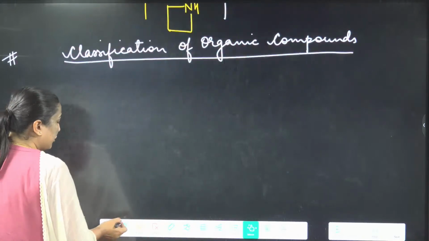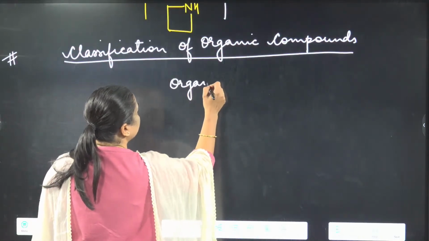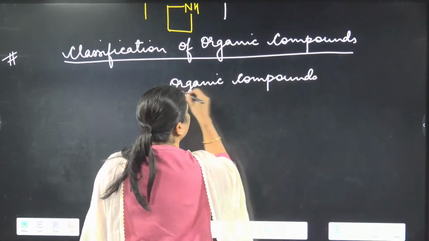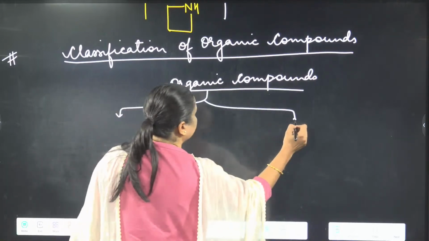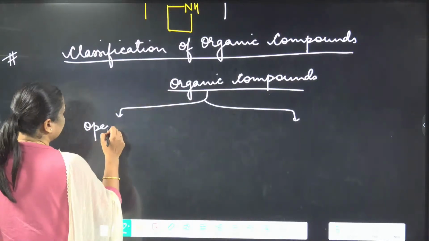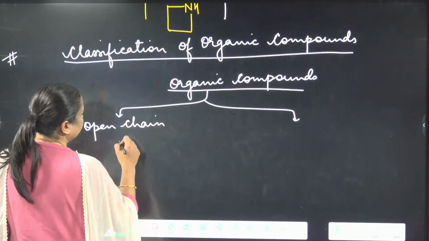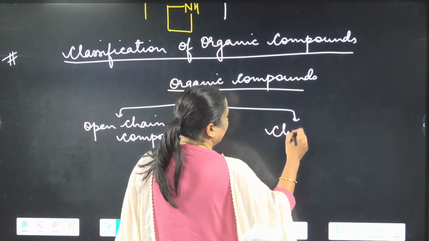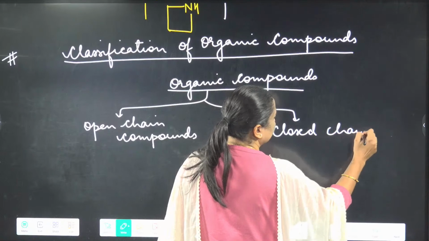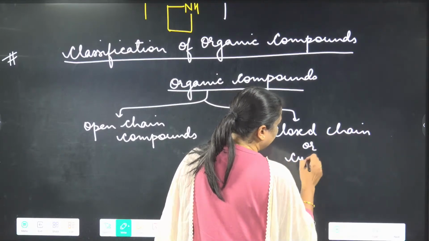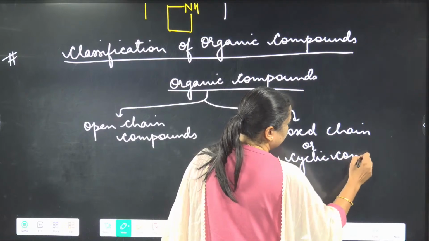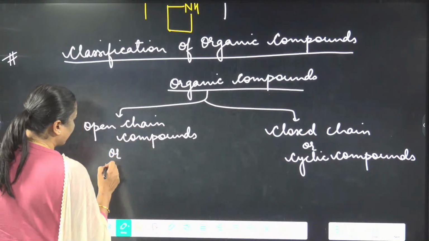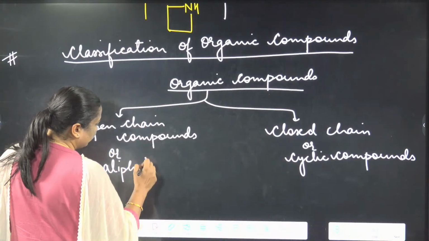Now, when it comes to organic compounds, they are broadly classified into 2 categories. One is open chain compounds and the other one is closed chain or cyclic compounds. Open chain compounds are also known as aliphatic compounds.